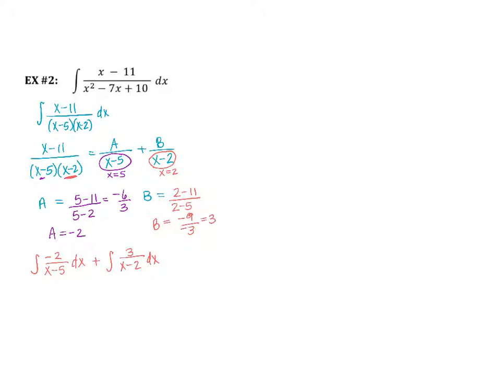And while we're doing that, of course, we can move out our 2 and the 3, and we're going to end up with negative 2 natural log, absolute value of x minus 5, plus 3 natural log, absolute value of x minus 2, and then don't forget the plus c.